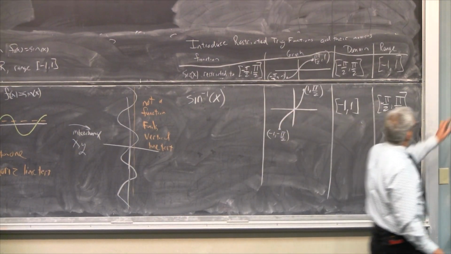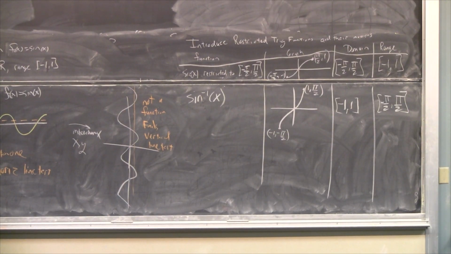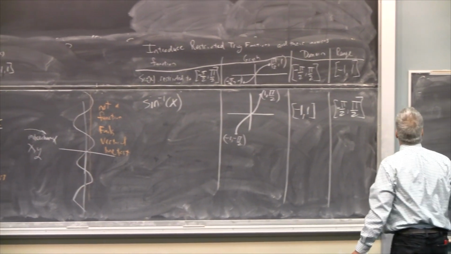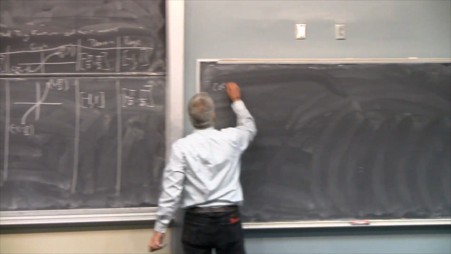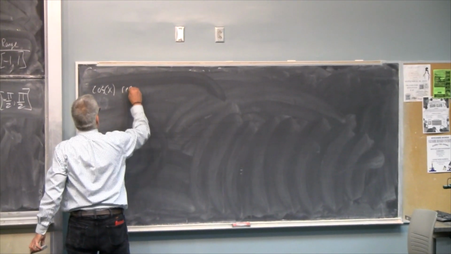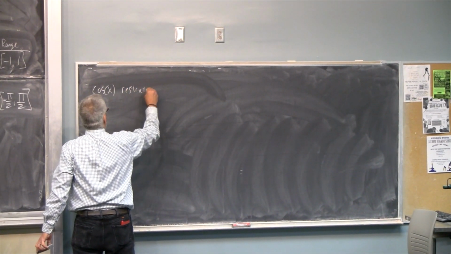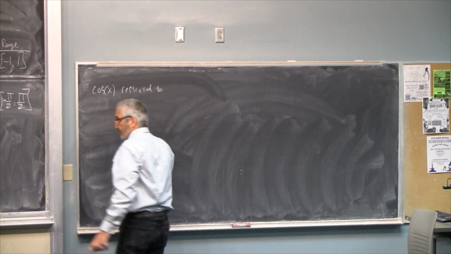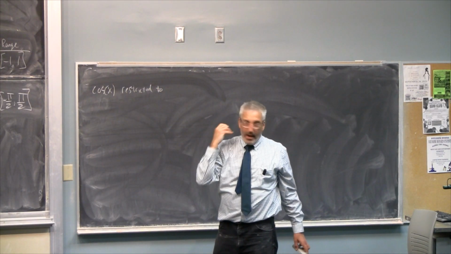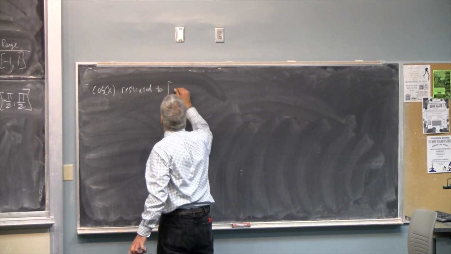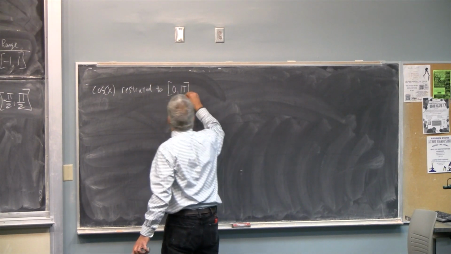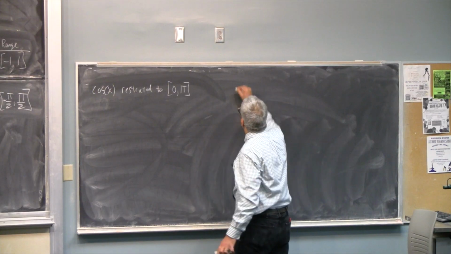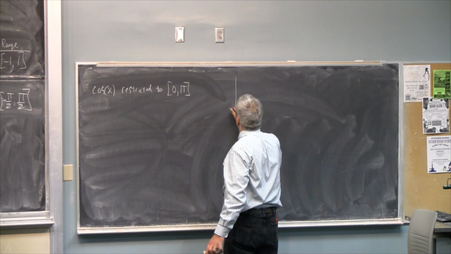Let's do this again for cosine. So the cosine graph we restrict in a different way. We restrict it to the interval from 0 to pi. So its graph looks like this.